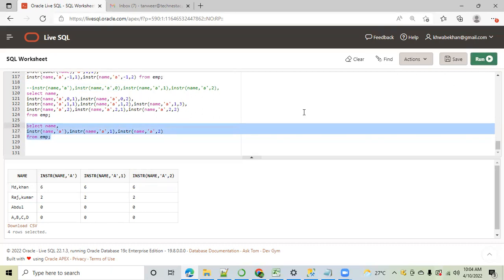Now please tell me, what is the difference between these 3 outputs? Name comma A, name comma A comma 1, name comma A comma 2. What is the difference? Or are they all giving the same output? Why? It's a dummy parameter. That's why it's giving the same. Okay. Very good.